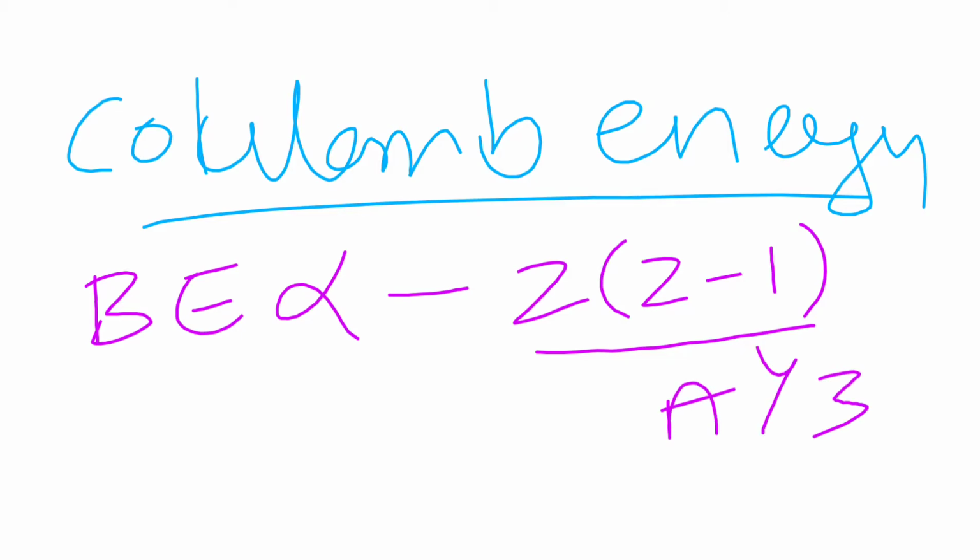This is due to repulsion of protons inside the nucleus. There is a decrease of binding energy due to electrostatic repulsion between protons in the nucleus. If the atomic number is Z, then the protons carry plus charge, that is plus e, and the decrease of binding energy by the Coulomb potential is given by this.